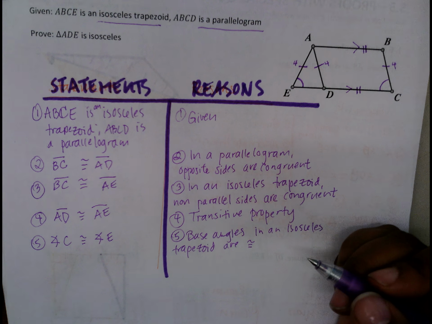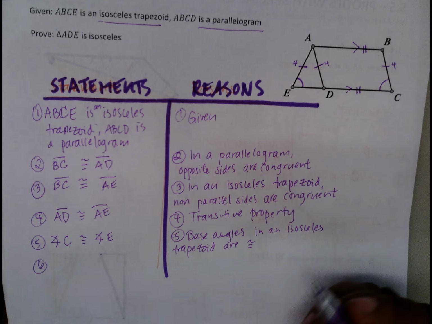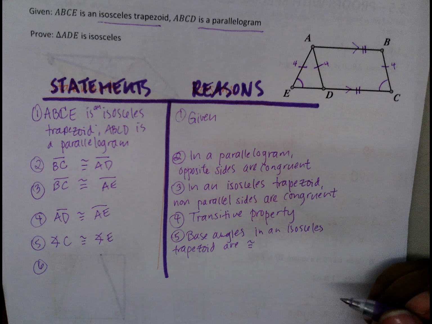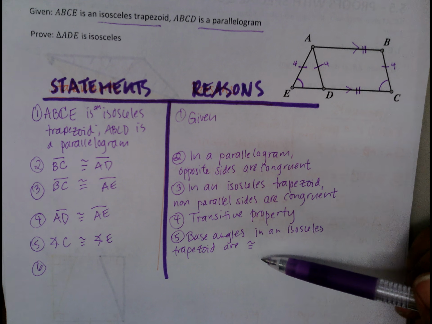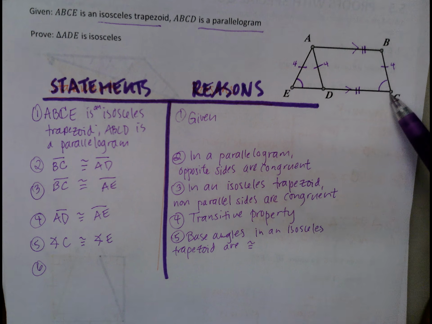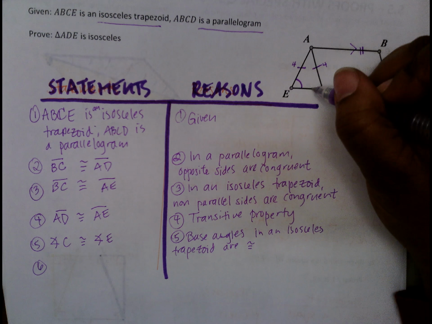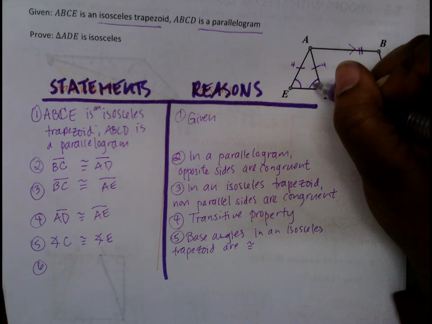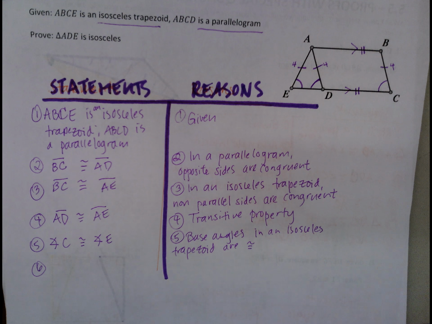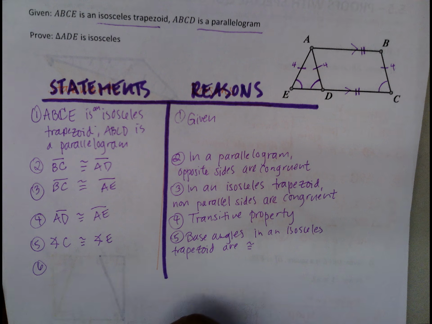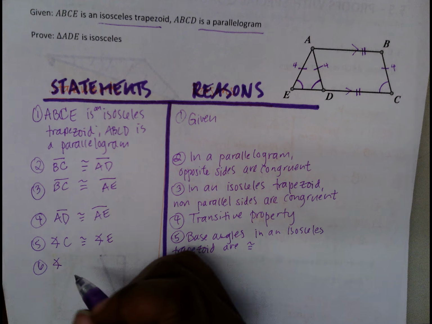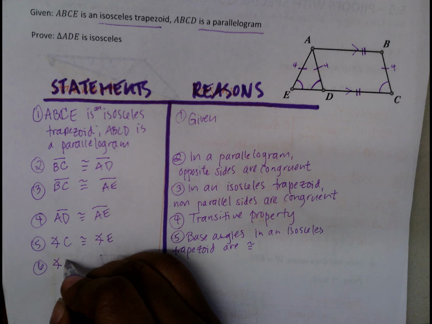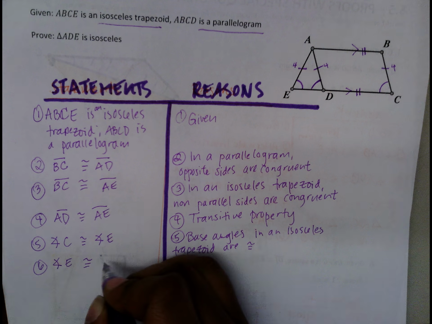Okay? So, my 6th statement is that if E and C are congruent, then my next statement is that angle E is congruent to angle D.